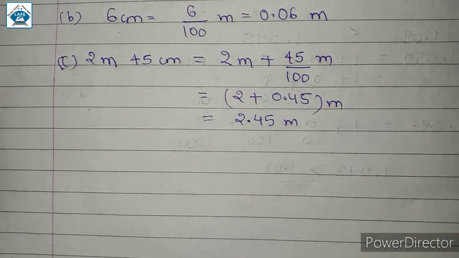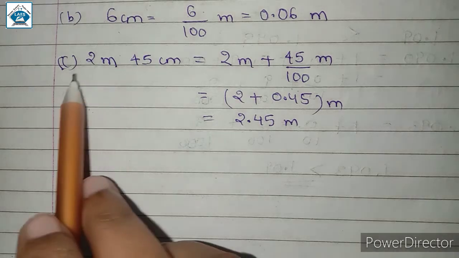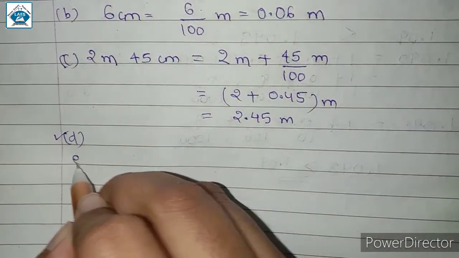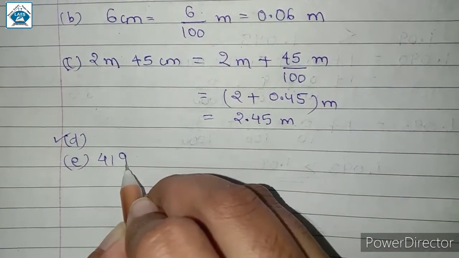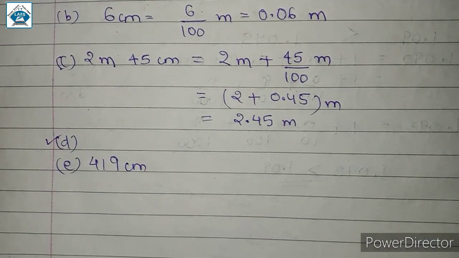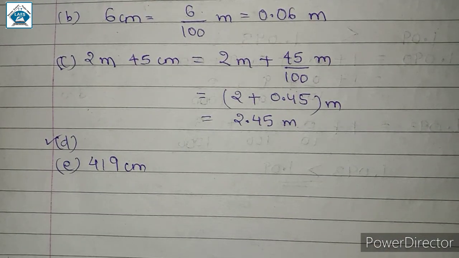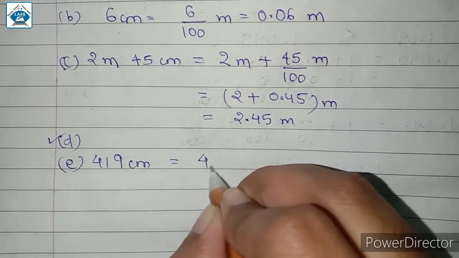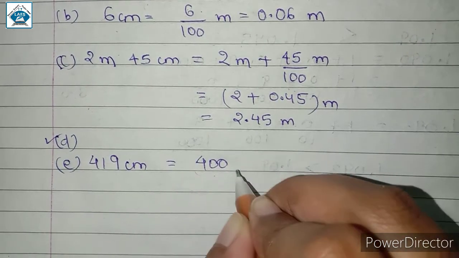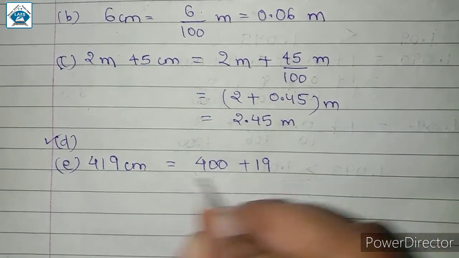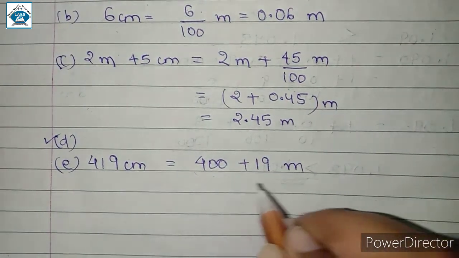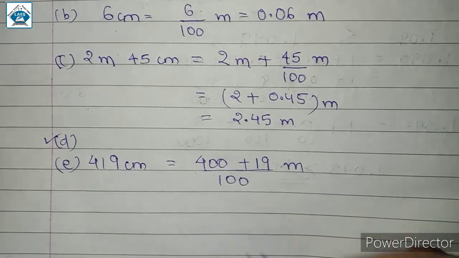Next in sub question D, you are given 9 meter and 7 centimeter. So that also should be solved in the same way. So sub question D is homework for you. In sub question E, you have 419 centimeter. We already know that 100 centimeter is equal to 1 meter. So यहाँ पर 100 के multiple में we have 400. So separating that and 19. ठीक है, 419 is 400 plus 19. So for converting this in meter, we will divide this with 100.